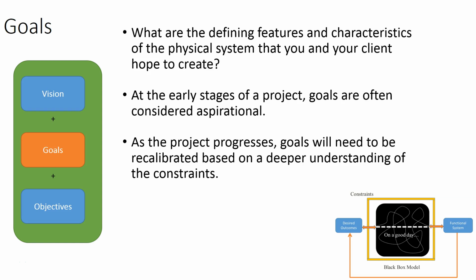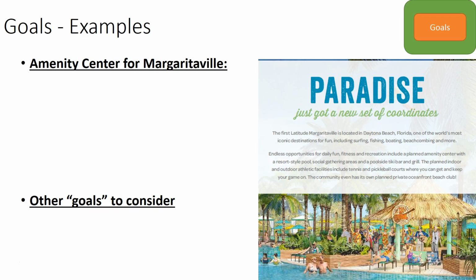And so a lot of the goals will have to be revised along the way. But if you don't start with a set of goals at the beginning of your effort, you'll probably be floundering a little bit. So that should hopefully give you a general idea.